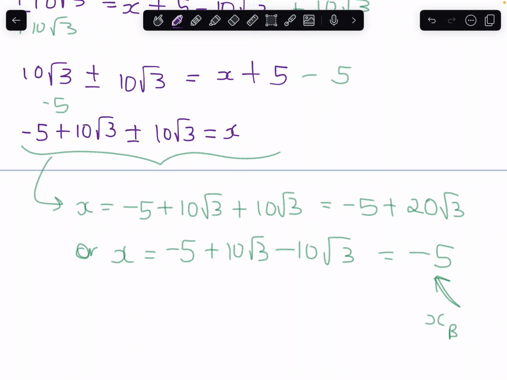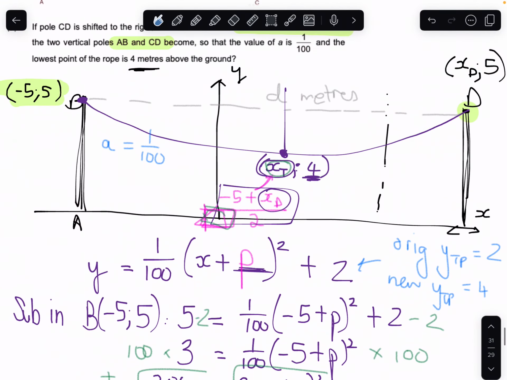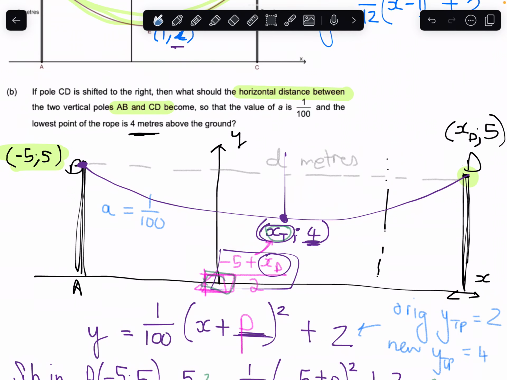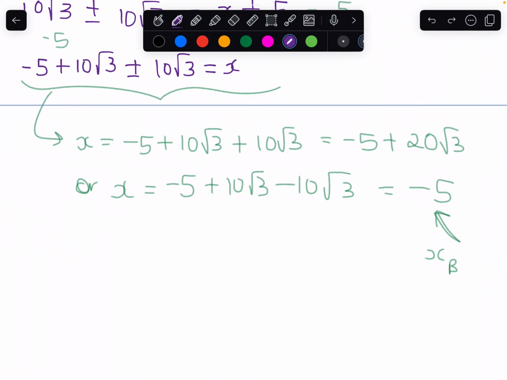Okay, so now we can talk about our context. We know that the x-coordinate of D is bigger than what it originally was. Originally it was 7. So it doesn't make sense for us to consider a negative case. And also we already know that it's the x-coordinate of B, so it can't be the x-coordinate of C. So x is some positive number, so in this case the x-coordinate of D is negative 5 plus 20 root 3.